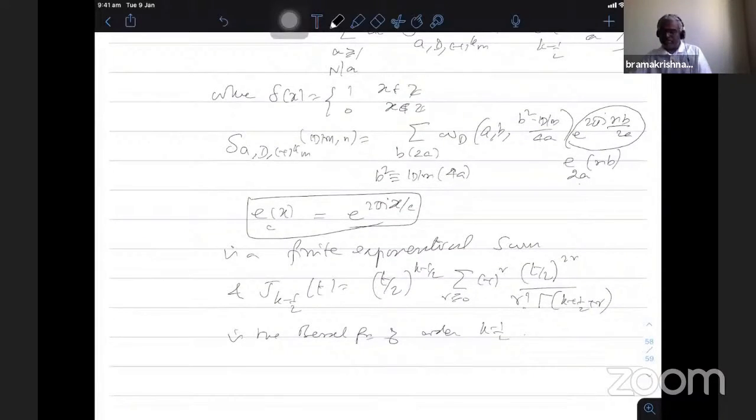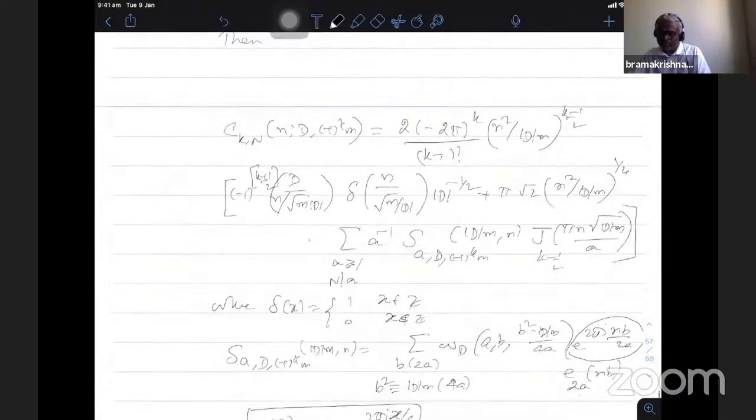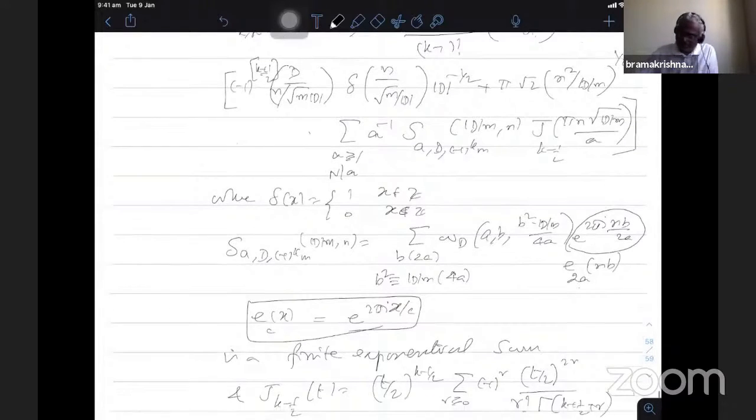Okay, so the method is that because we know it is a periodic function, once you expand it, I need to use the Lipschitz formula.